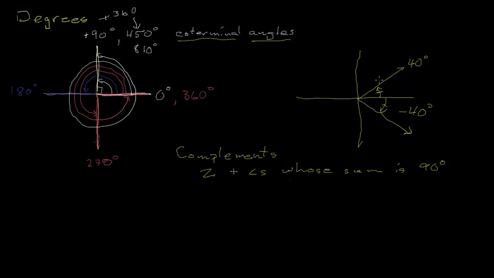And we'll come back up to this diagram here. If this is 90 degrees up here, the complement of 40 degrees would be 50 degrees. So this complement here is 50 degrees.